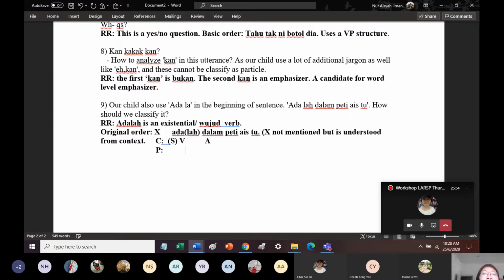So B, tapi kat sini ada particle, so we say particle, and then A ni ada PP, it's an NP. NP dia actually it's a compound word, so N. So P and N and that. Any question about this?